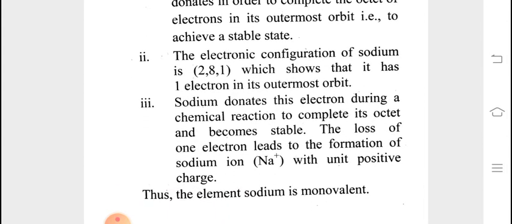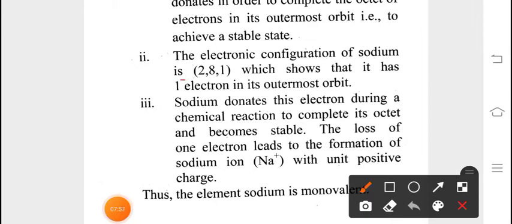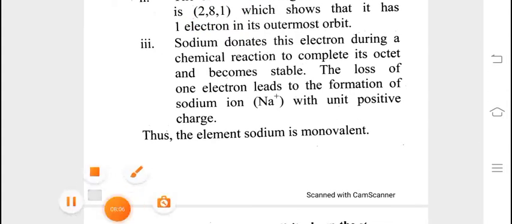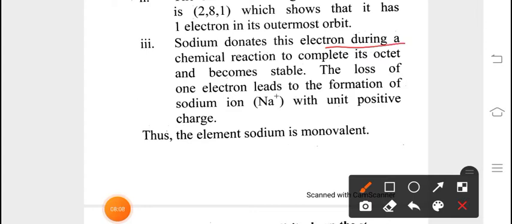The electronic configuration of sodium is 2, 8, 1. In the outermost orbit, 1 electron is there. Sodium donates this 1 electron during the chemical reaction to complete its octet and becomes stable.